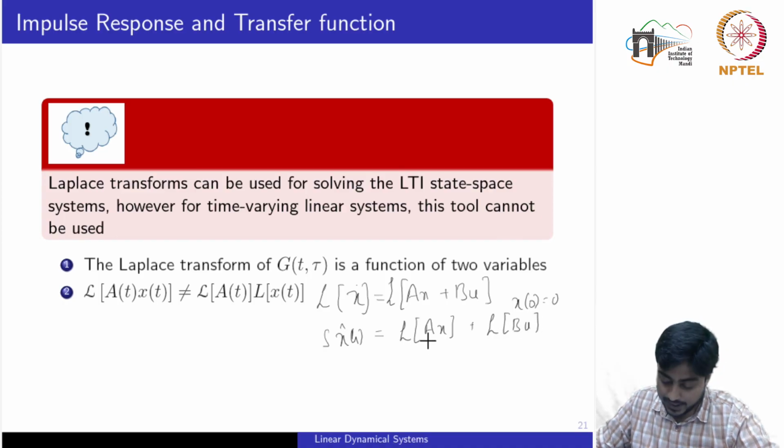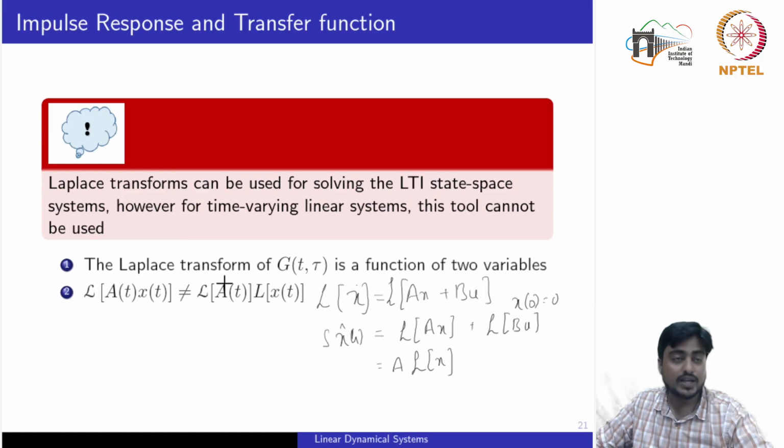Being A a constant matrix, I could take it outside, which is not the case for the time varying case. So we cannot take the Laplace transform here. Because of these two basic problems, we cannot use the Laplace transform or the Z transform for the LTV case.